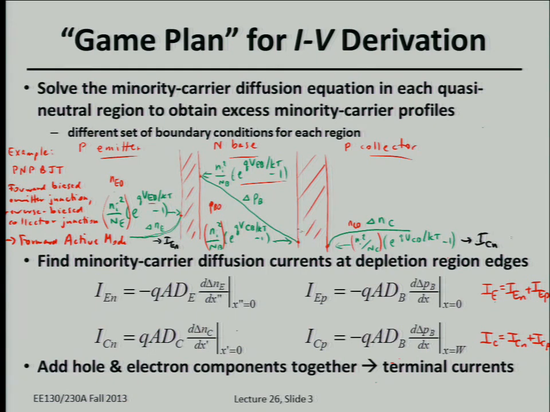And then due to the gradient right here of holes, you have holes diffusing to the right. So that is ICP. And over here, you have holes diffusing to the right in the base region at the emitter depletion region edge. So that's IEP.